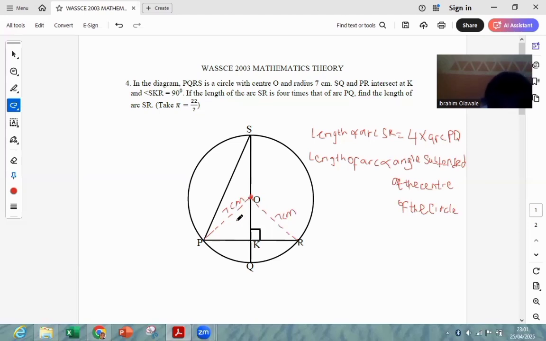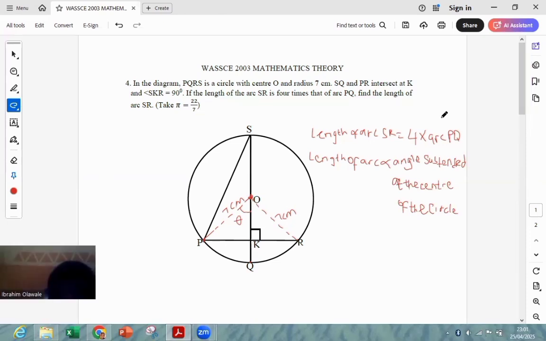Let us label the angle that arc PQ subtends at the center of the circle to be theta. If this angle is theta, what can we say from there?